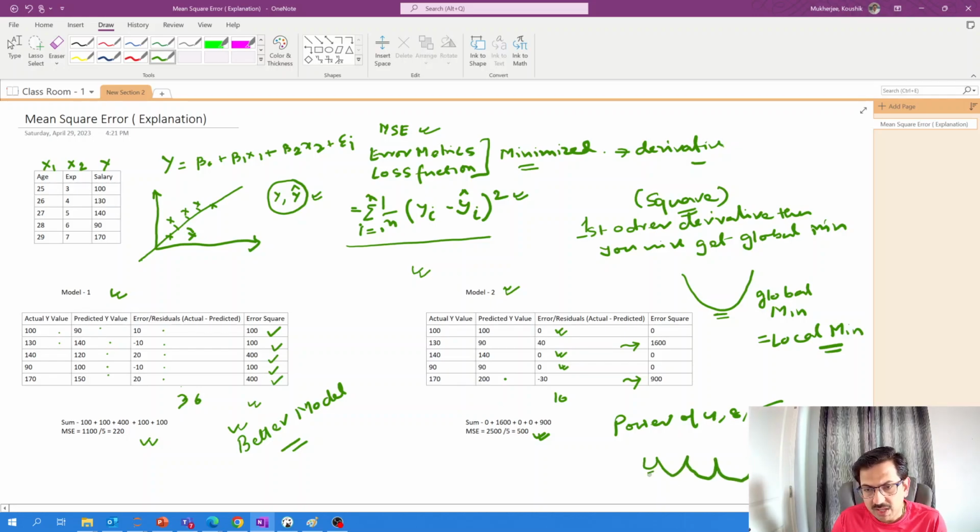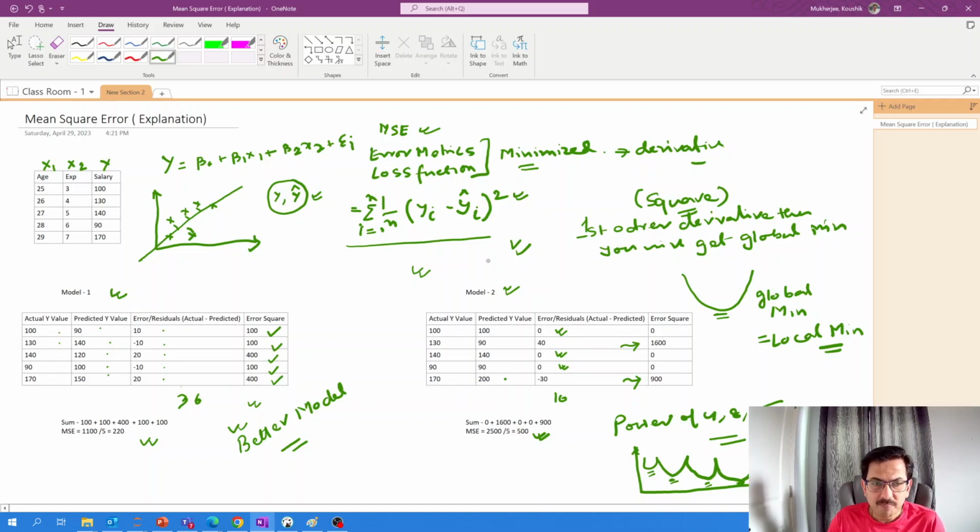You will have multiple minima points, some of which are local minima and one of which is the global minimum. It will be difficult to find the actual global minimum, because our target is to find the global minimum. That's the reason we don't use higher powers. We stick to the square of this value, and this is the most popular error metric or loss function.